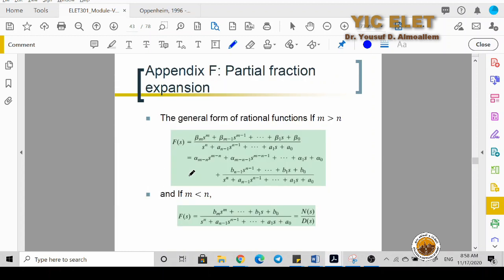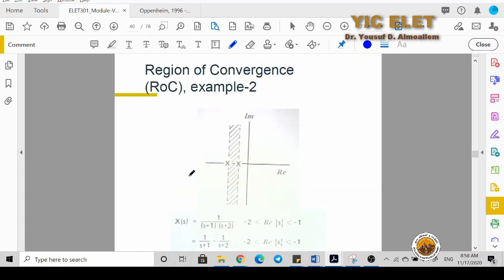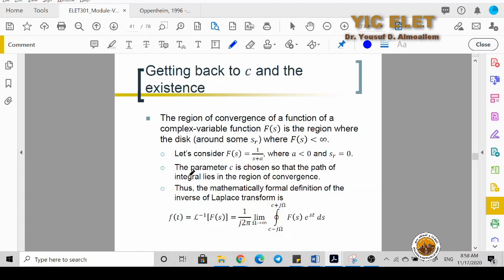Of course, this part here will be like a revision. As you see, we need to work with the region of convergence in addition to the work that we did before for finding the Laplace transform.